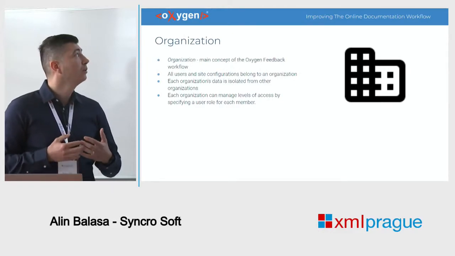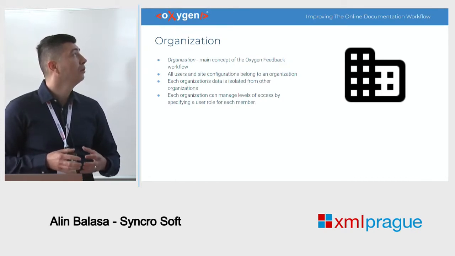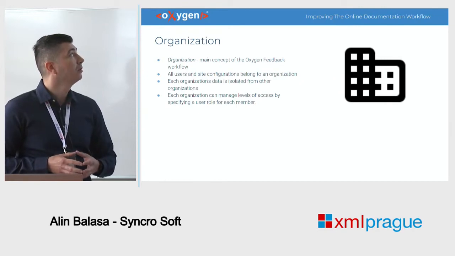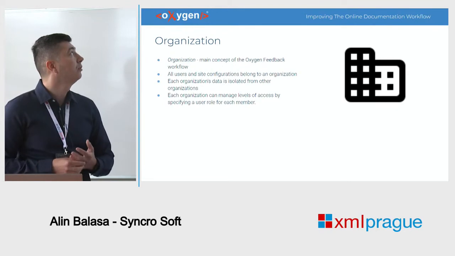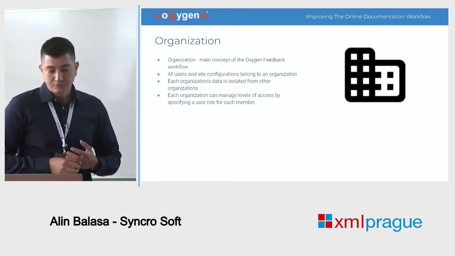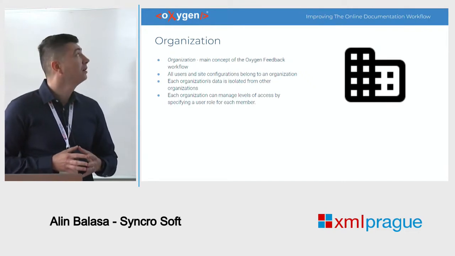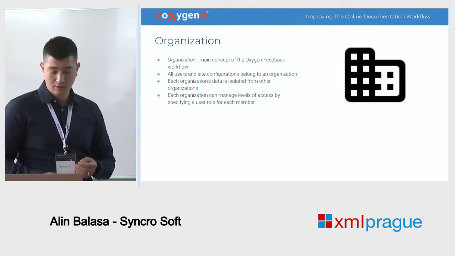All users, all site configurations and all their related data are grouped in organizations, and all the data that is part of an organization is isolated from the data from other organizations. You can assign different levels of access for users by assigning them different roles.